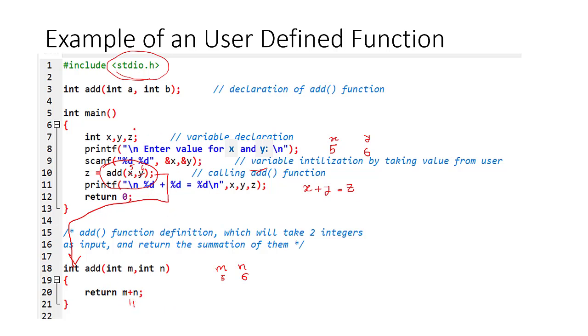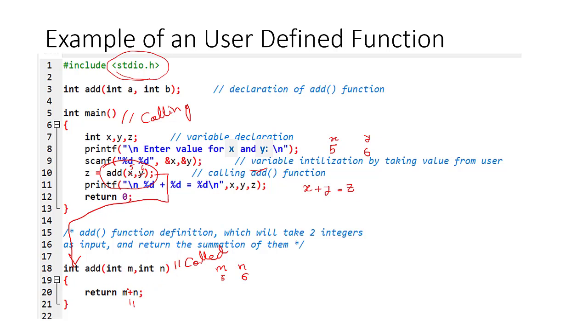So this main function is calling the add function. Here the main function is called the calling function and the add function is called the called function. Always remember, the called function will return the value to the calling function.